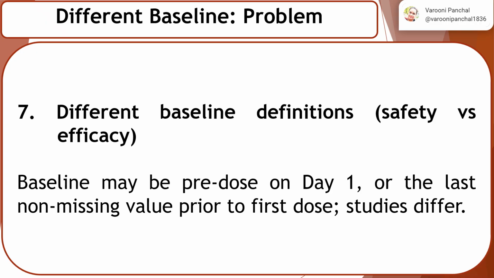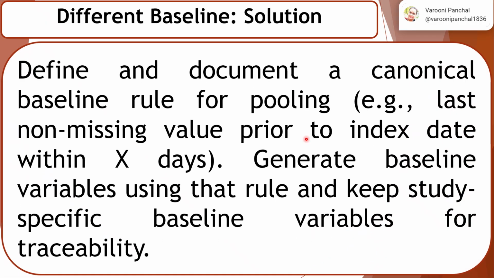The solution here is to define and document a canonical baseline rule for pooling. For example, last non-missing value prior to index date within X days. Generate baseline variables using that rule and keep study specific baseline variables for traceability. So baseline definitions are different across all 12 studies, right?